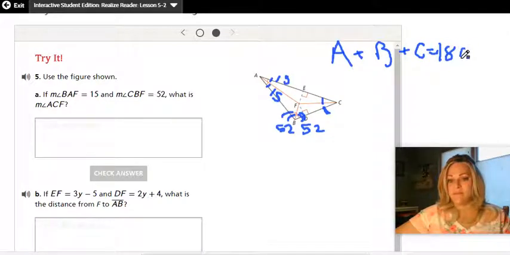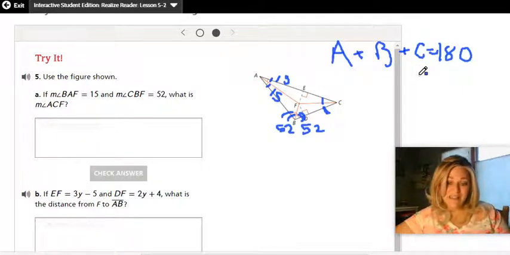You have 15 plus 15 together, that makes angle A, so 30, plus angle B, add these 2 together, and then you need to find angle C. Once you find angle C, cut it in half because it's bisected.